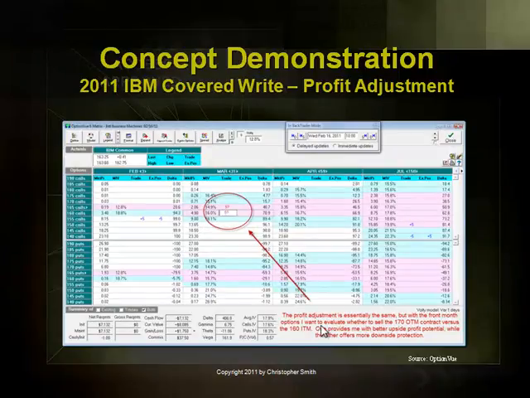Okay, so the note here says the profit adjustment is essentially the same, but with the front month options, I want to evaluate whether to sell the 170 out of the money contract versus the 160 in the money. So in other words, the market is in between strikes.